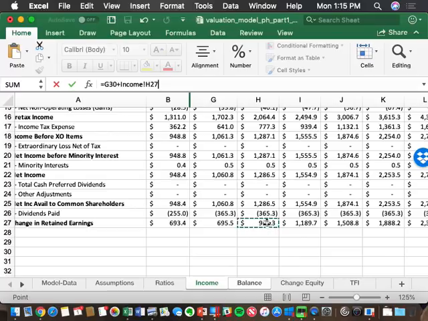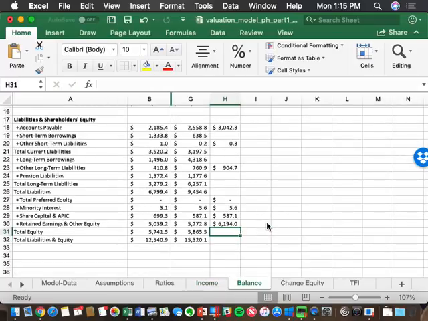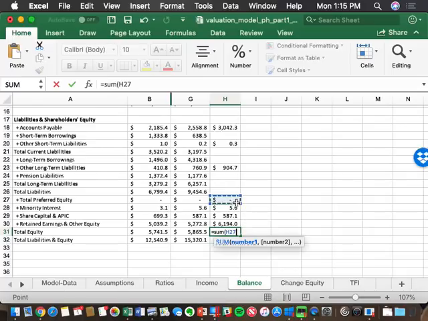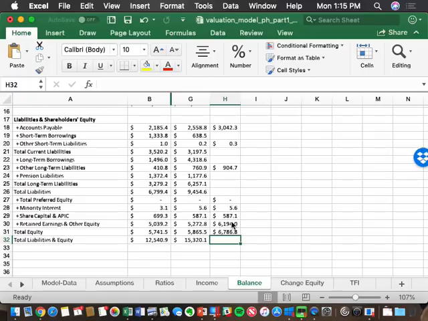So retained earnings should go to 61.94. My total equity forecast for 2019 equals the sum of these 4 items: preferred, minority interest, share capital, and retained earnings. So basically 6786.8.